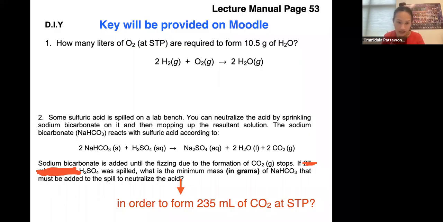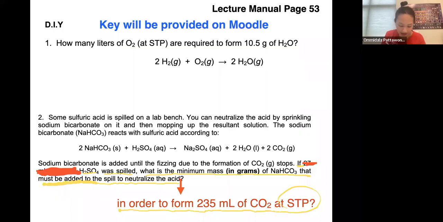What I would like you to do instead is change this sentence into: if sulfuric acid was spilled, what is the minimum mass in grams of sodium bicarbonate that must be added to the spill to neutralize the acid in order to form 235 milliliters of CO2 at standard temperature and pressure.